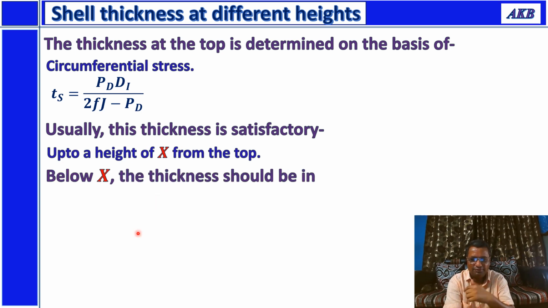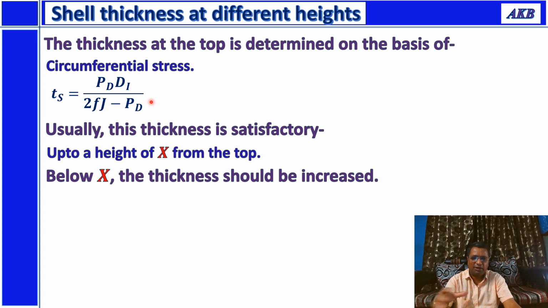Considering X that we have already, below X, if this is not satisfactory, if the design criteria is not met within this distance, you need to increase the thickness below this height. Are you understanding it? So first, you are going to find out the value of X for the calculated thickness based on the design criteria which I have just talked about.